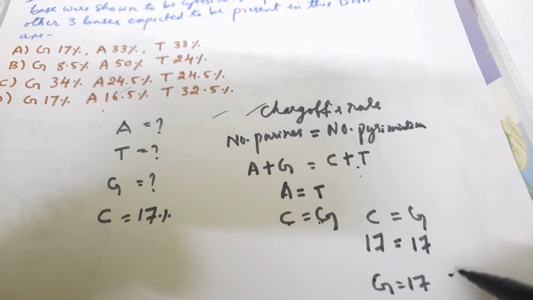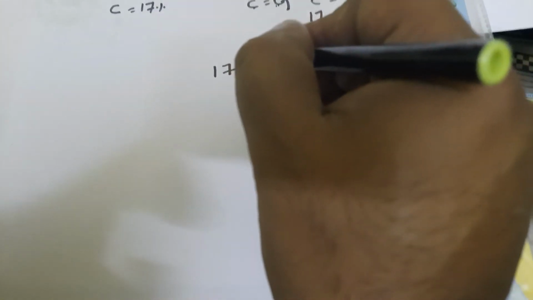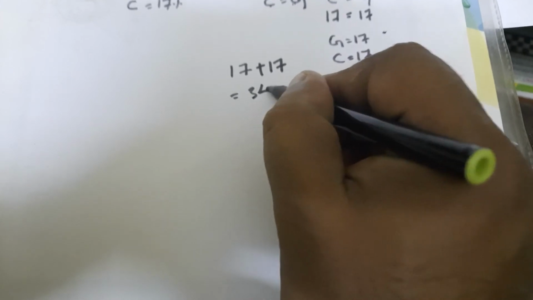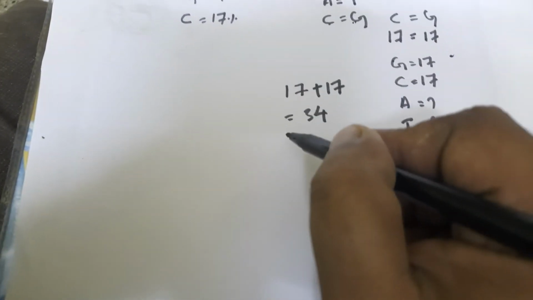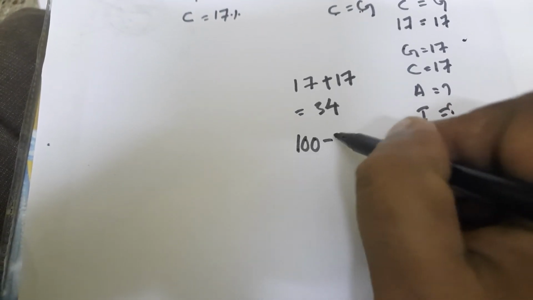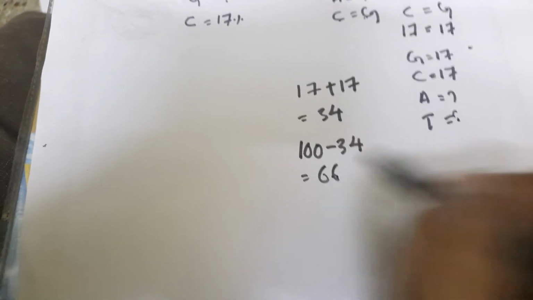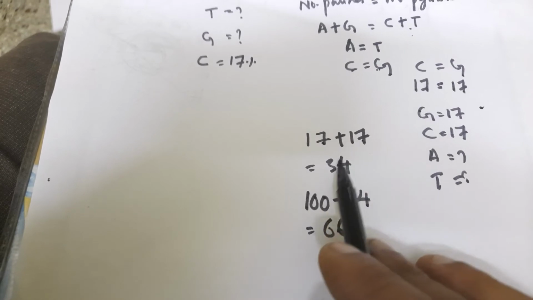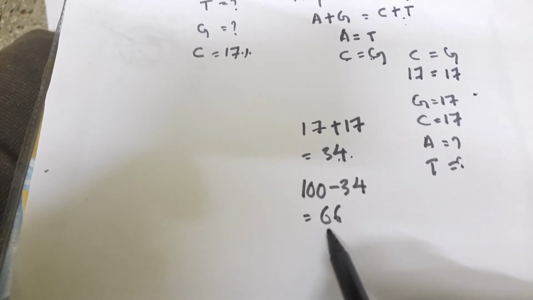17 plus 17 is equal to 34. What is the remaining? From 100 minus 34, the remainder is 66.